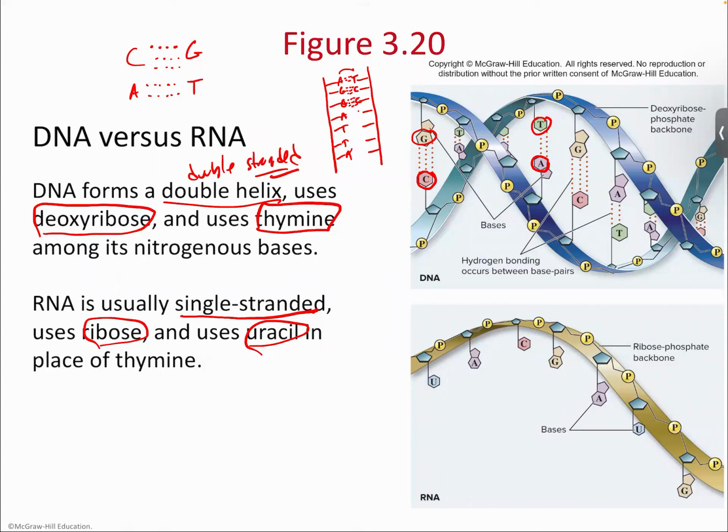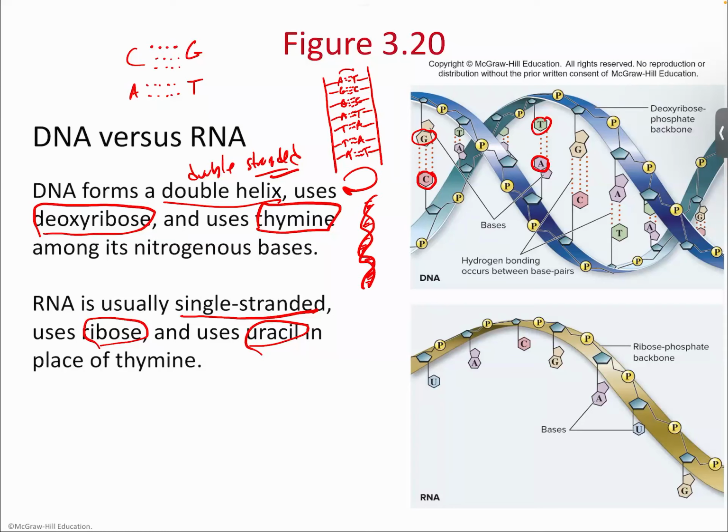A goes with T. The T goes with an A, with 2 hydrogen bonds. This other T goes with an A, and this last A goes with a T. So you have your 2 strands. It's like a ladder. It's like a twisted rope ladder, actually. And all you have to do is give it a bit of a twist, and then you're going to get your double helix like this.